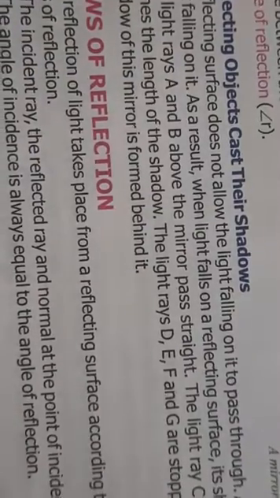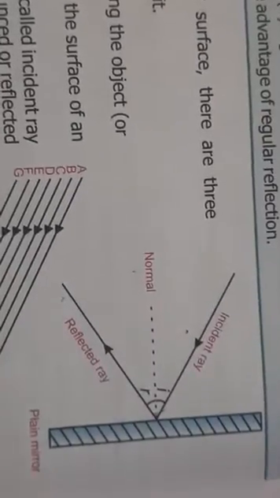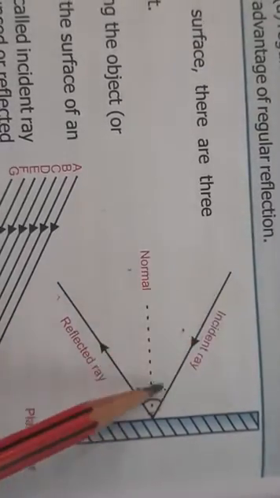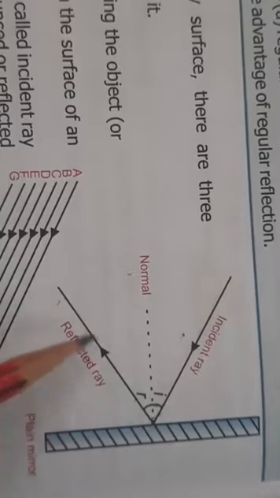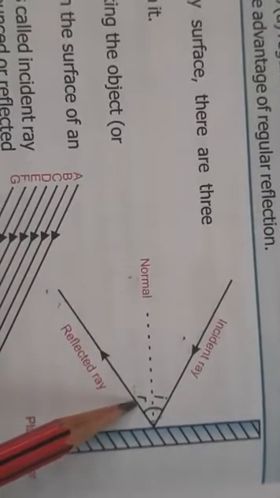What are the two laws of reflection? The first law of reflection is that the incident ray, the reflected ray and the normal lie in the same plane. Incident ray, the reflected ray and the normal, they all lie on the same plane.